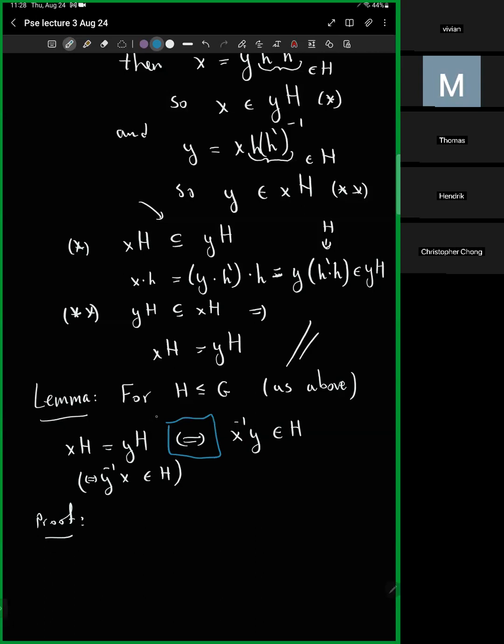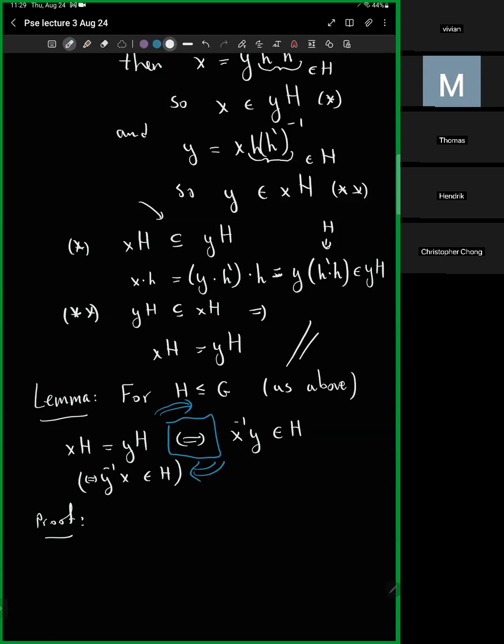I need to prove that if the two cosets are equal, then x^-1 y is in H. And conversely, if x^-1 y is in H, then the two cosets are equal.